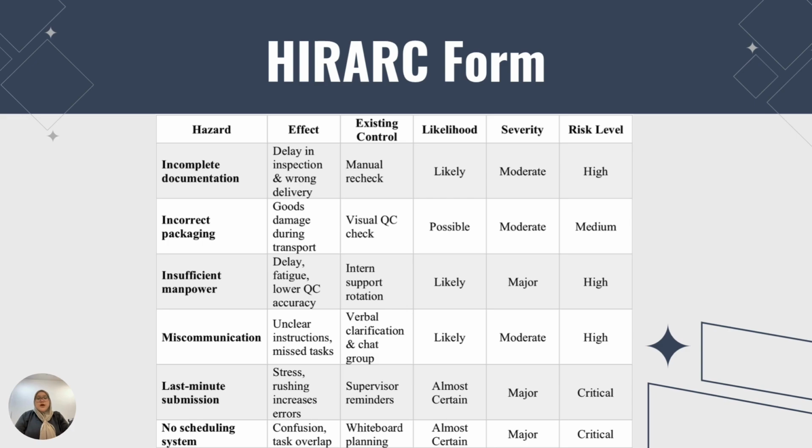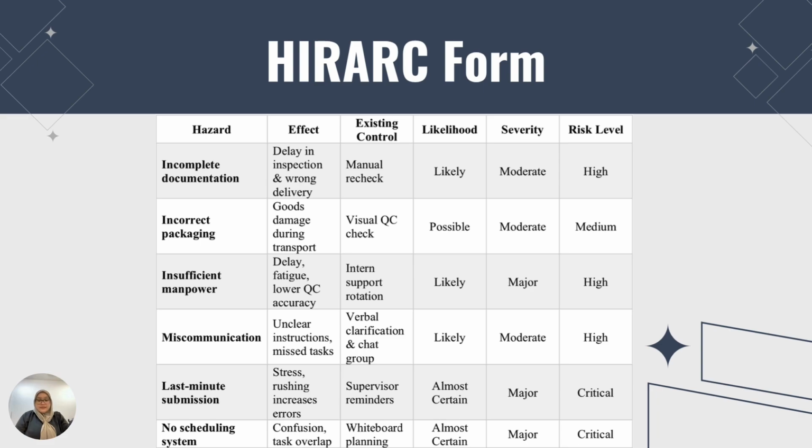Okay, so how serious are these hazards? To answer that, I used the HIRAT method, and here's the summary of the risk evaluation. This hierarchy form lists 6 hazards, each rated based on likelihood and severity. Incomplete documentation and insufficient manpower are high risk due to delays and fatigue.